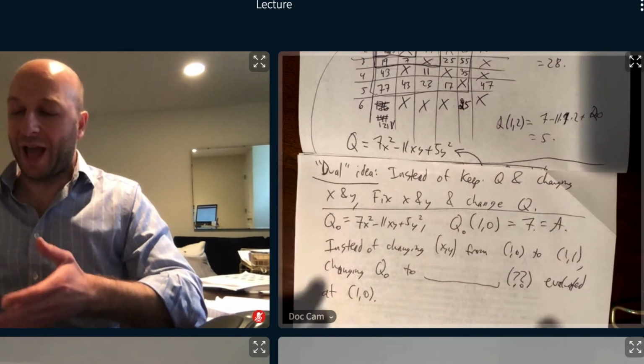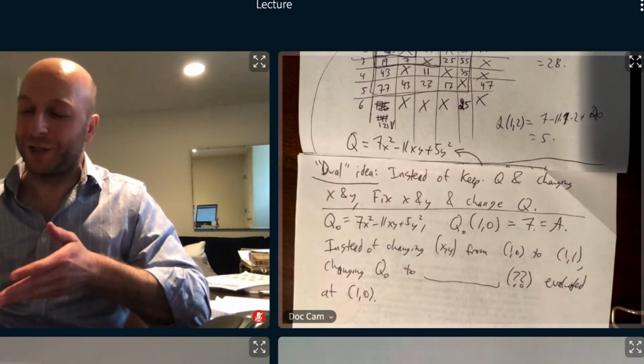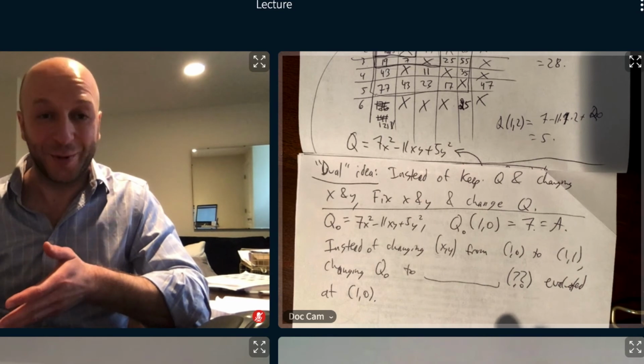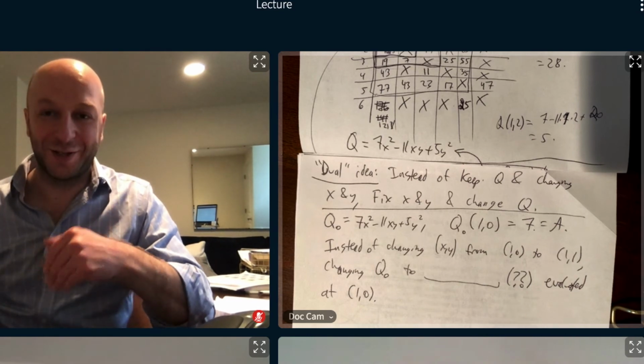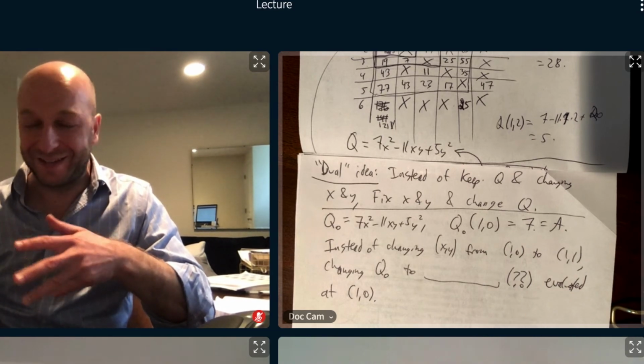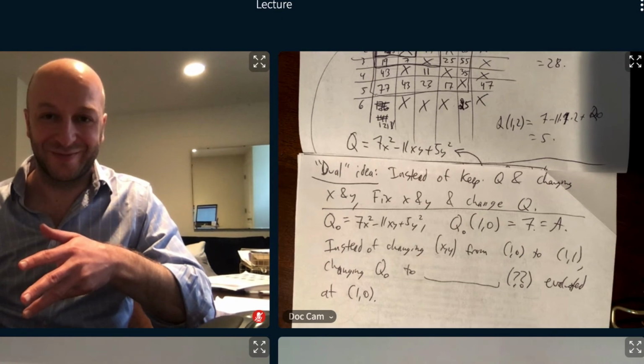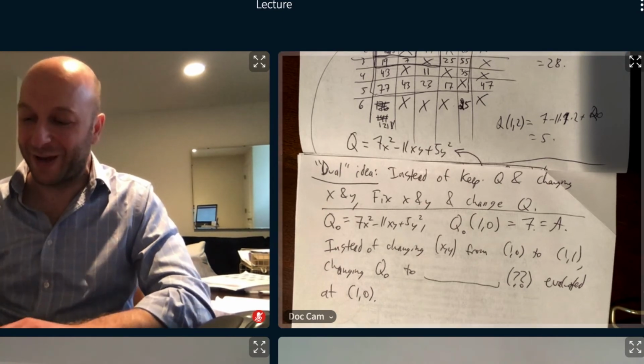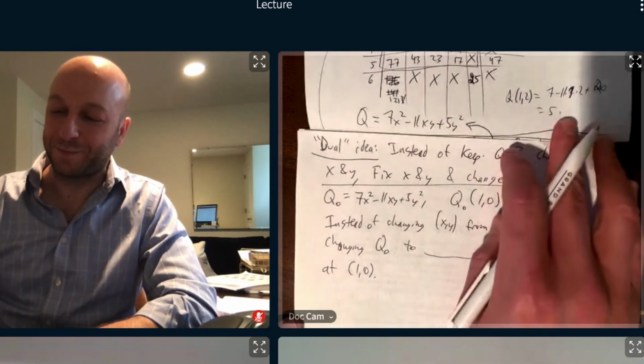So it's actually harder to understand what's going on in an explicit example and easier to understand what's going on, I think, abstractly. So let's just see what I mean by that.